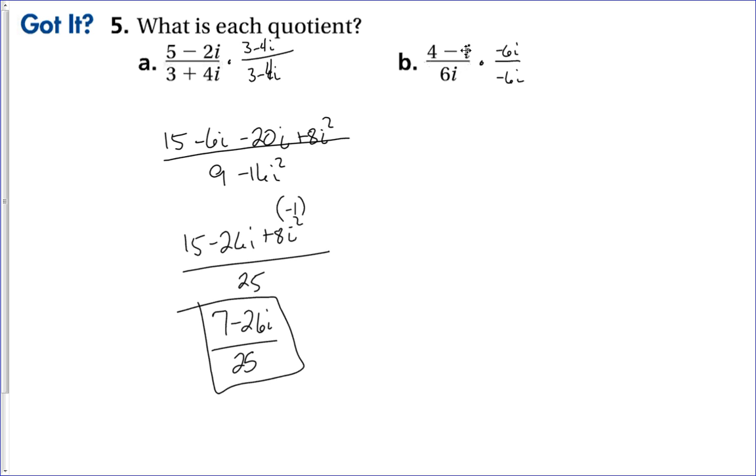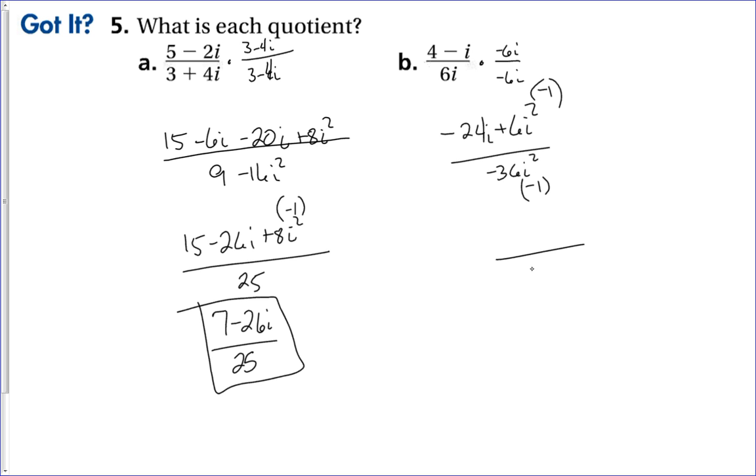This one over here, we're going to have negative 24i plus 6i squared over negative 36i squared. So we know this is negative 1, this is negative 1.